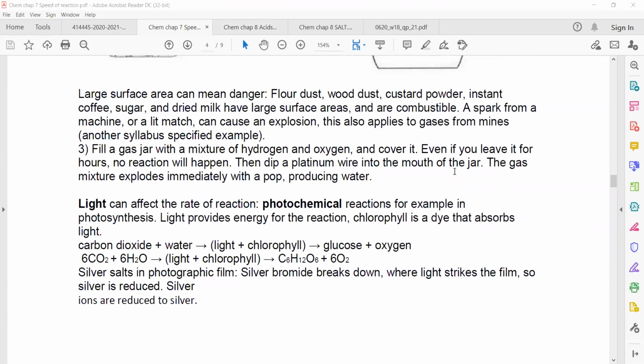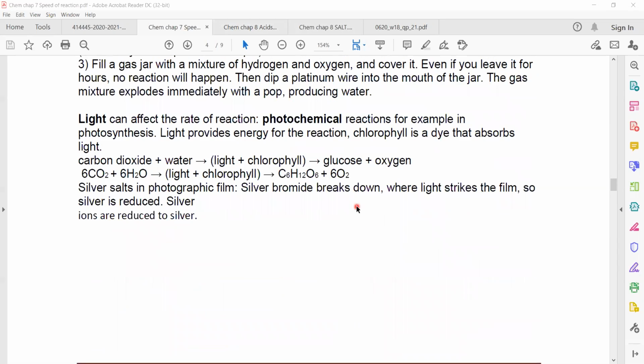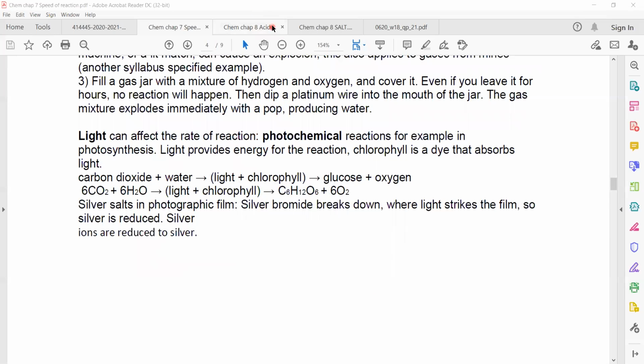Then some of the reactions are affected by light intensity, which are also called photochemical reactions, such as photosynthesis and photographic films. Not in a digital camera, but the old cameras, used a photographic plate having silver bromide, AgBr.